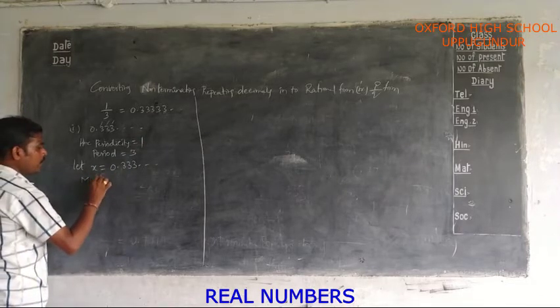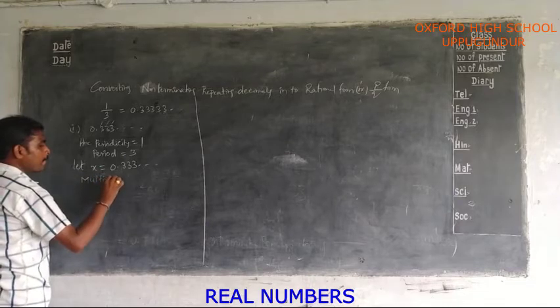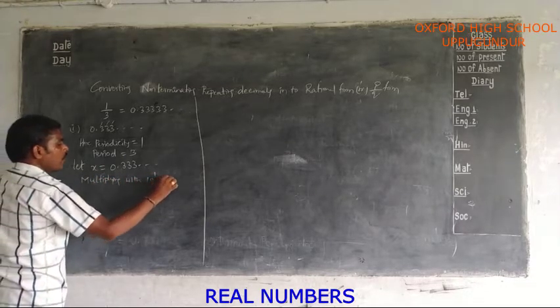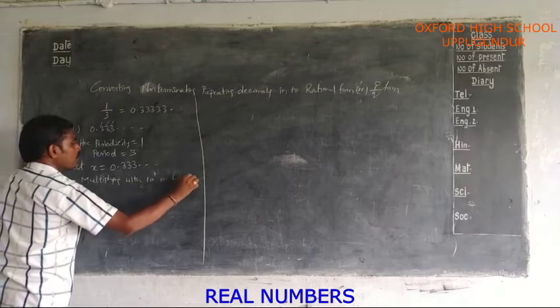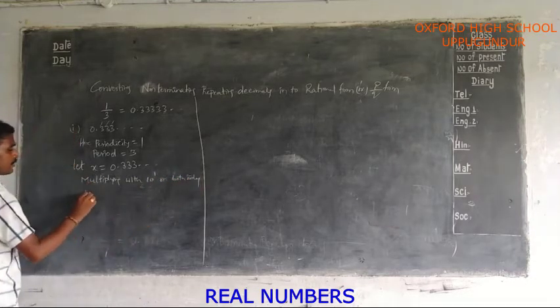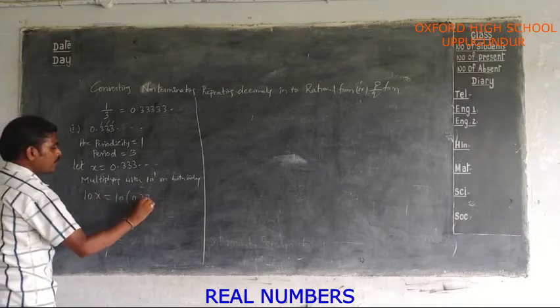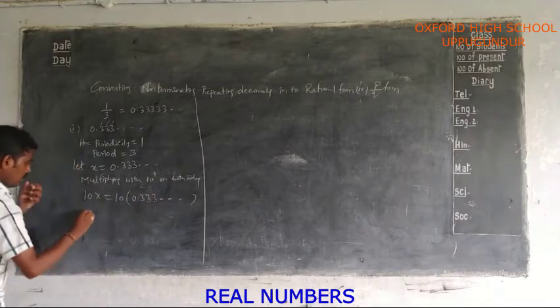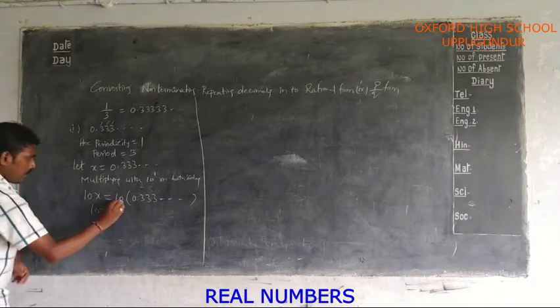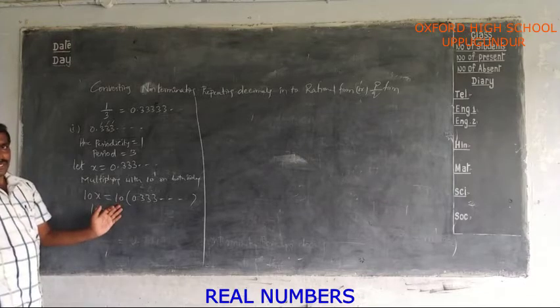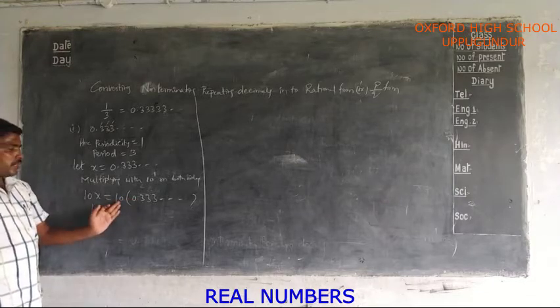So multiplying with 10 power 1 on both sides, 10 power 1 into x, 10x equal to 10 into 0.333 and so on. Whenever we are multiplying a decimal number with tens, the point moves based on the number of zeros.